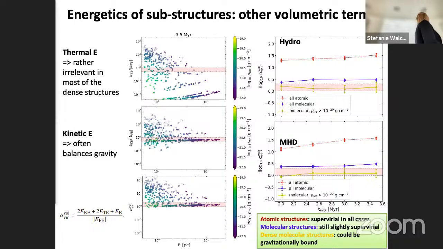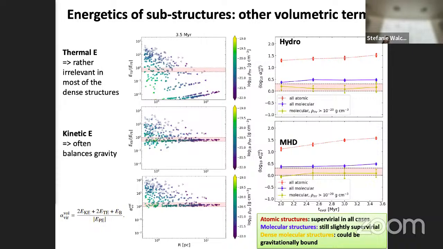I think at some point you want to form some stars, right? So eventually these dense structures will be the ones which collapse and form stars. So it's okay to have star formation at some point. You don't need to support everything. You just need to support most of the mass of the cloud. The mass which is contained in these structures is maybe 10% or so of the total cloud mass.